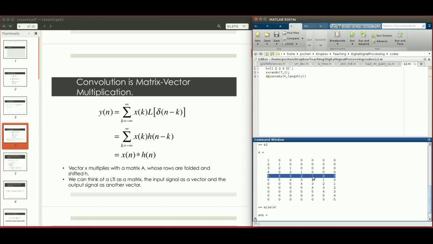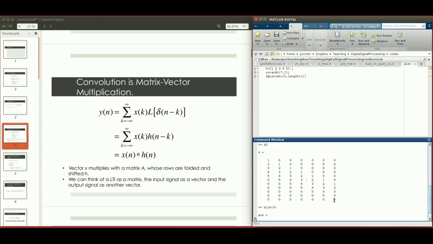So here it's a complete 1, 2, 3, 4, 5, and then here it's another complete 1, 2, 3, 4, 5. It's just shifted, right? But it's actually time reversed, flipped. It's the H signal as a row vector. If you look at H as a row vector, then it's a flipped H that's being shifted.